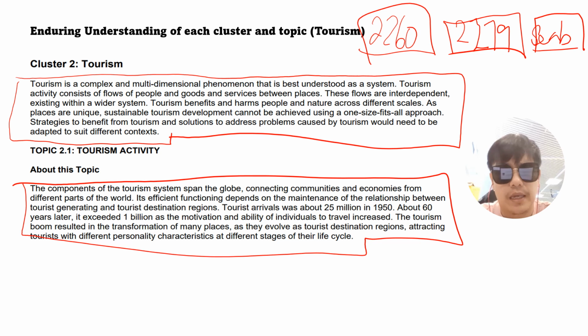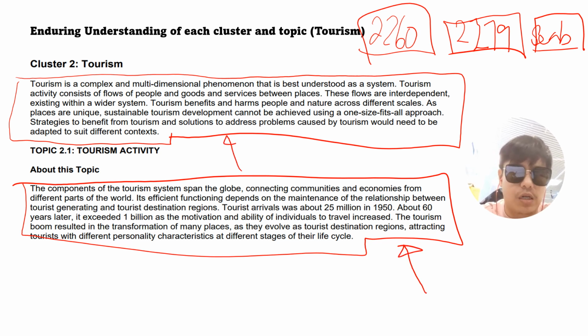And what does this mean? It means that at the end of the day, you as a student, you should understand this. At the end of the cluster, you should understand this. And that will also mean in your AO3 9 marks question, you should be able to show some ideas that come from this.